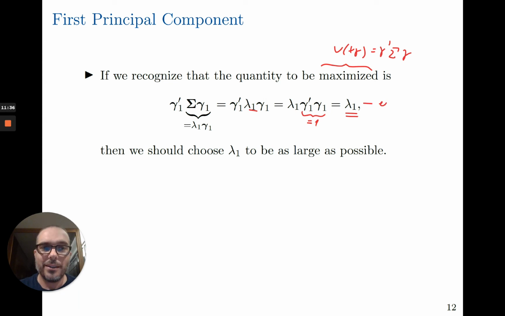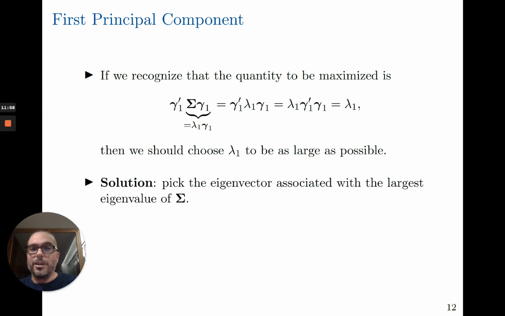So, bingo, the quantity that we want to maximize is one of the eigenvalues, an eigenvalue of 1 over T x prime x, which is sigma. But we want to maximize this, so which eigenvalue do we pick? The largest one. So we should choose lambda 1 to be as large as possible.